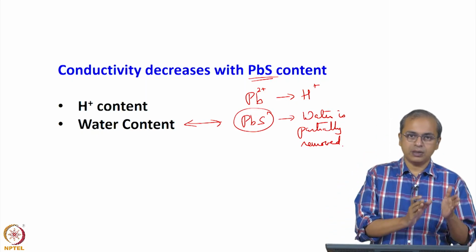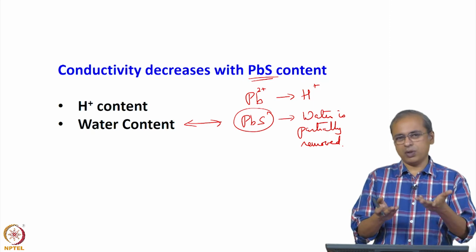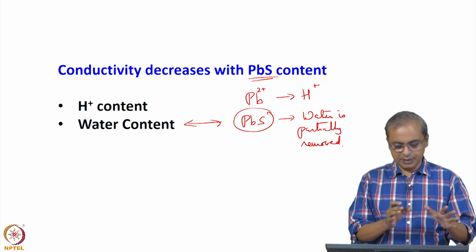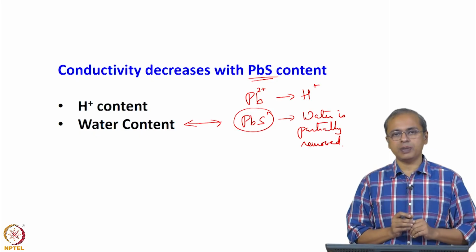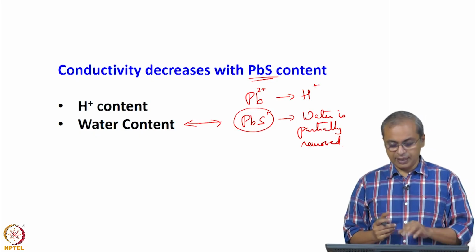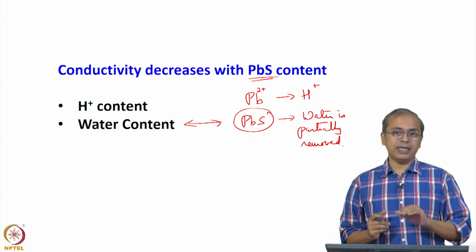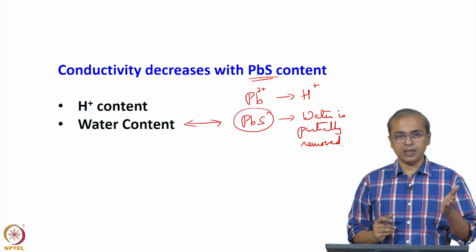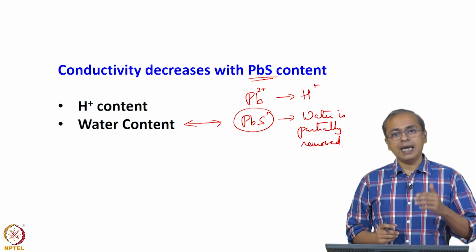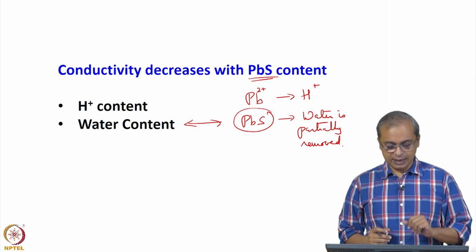The state of water, as liquid water, is usually something that has to be discussed in greater detail. The presence of water molecules and H plus ions is what gives it good conductivity. So, normally as you add lead sulfide into this system, it reduces the amount of H plus ions that are present, and it also reduces the amount of water present.